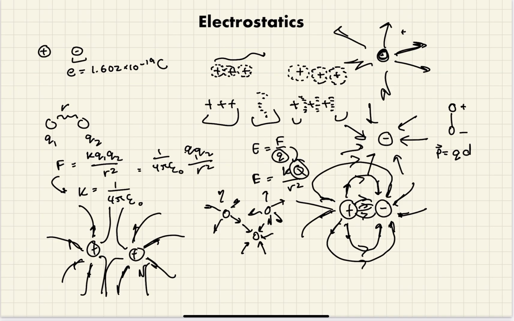And there are a few formulas you should probably know for this. You can apply a torque on a dipole by applying the same force. If you have a negative charge here, it attracts the positive this way and repels the negative this way, and so you get a net torque. The torque is equal to that moment times the electric field imposed upon the dipole.